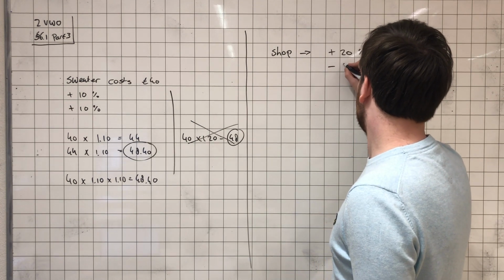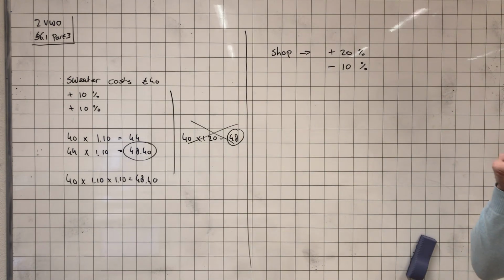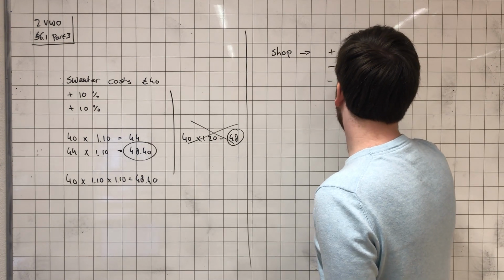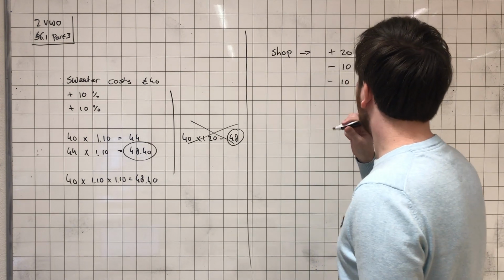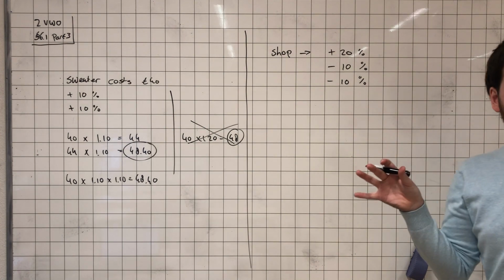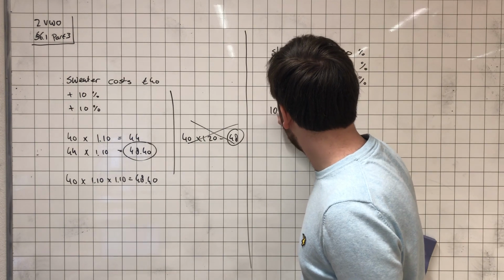After that they give you a discount of 10%, and then after that they give you another discount of 10%. Then you might think, okay, then the price doesn't change. Let's assume that the price is 100.